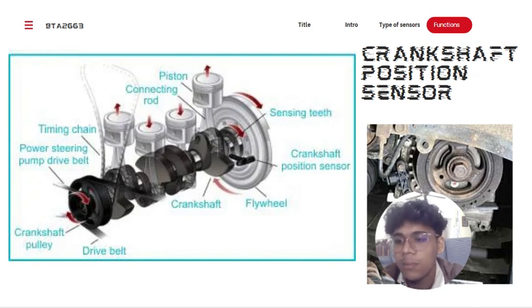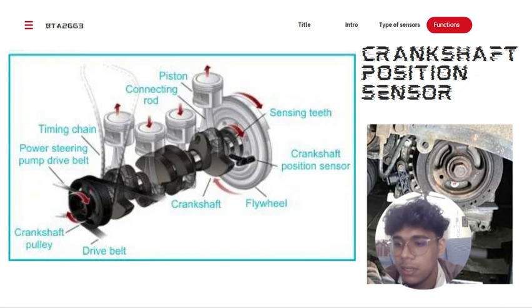The position of the missing tooth in relation to the sensor is fixed to a certain position of the crankshaft. By seeing the change in the signal, the ECU can tell exactly where the crank is at that moment in time. The ECU is also configured with the total number of teeth on the trigger wheel. By knowing the total number of teeth and measuring how often the missing tooth passes in front of the sensor, the ECU can calculate the engine speed, or RPM.